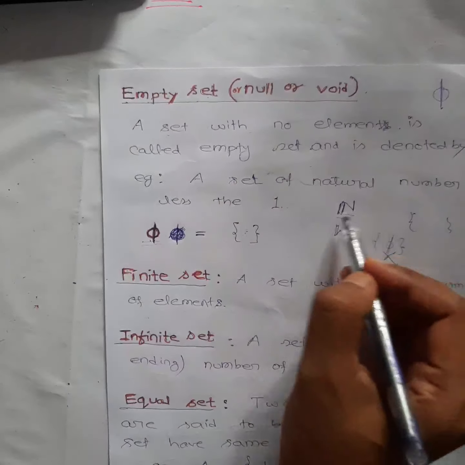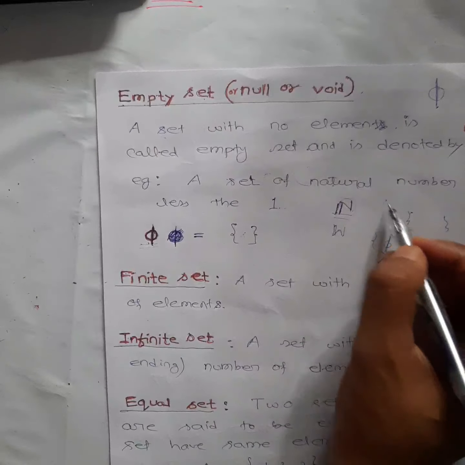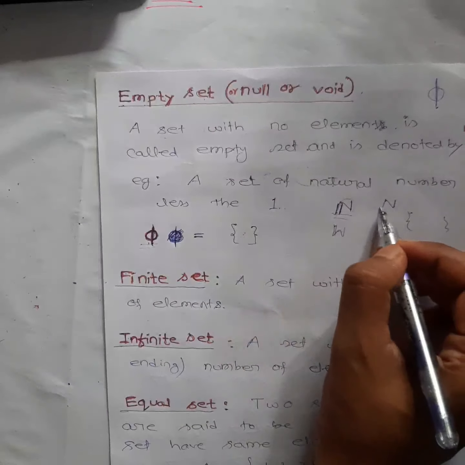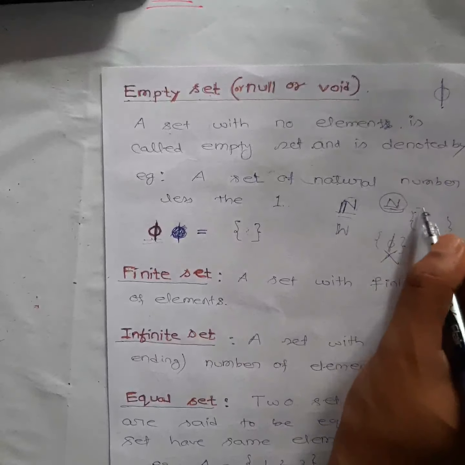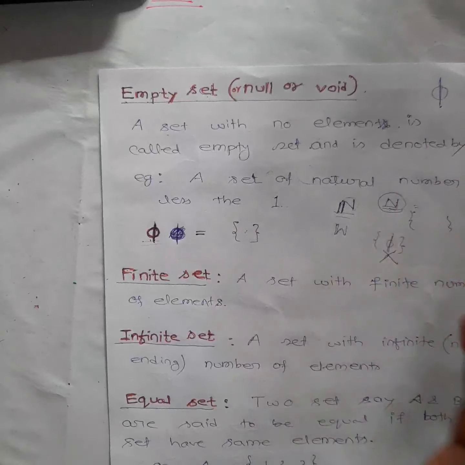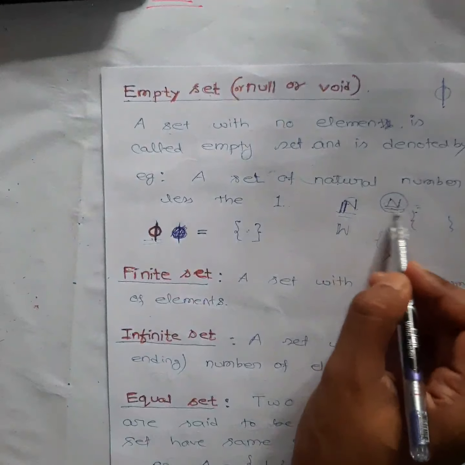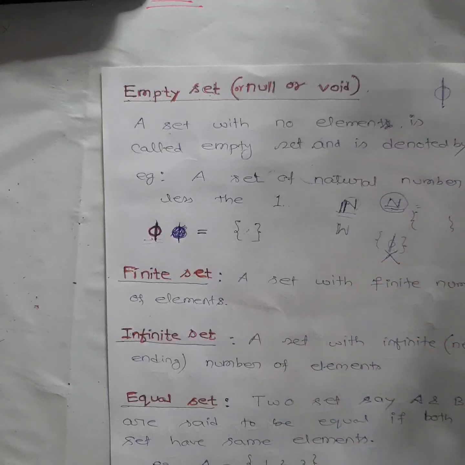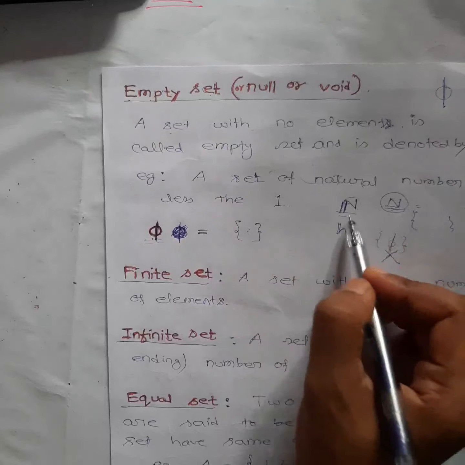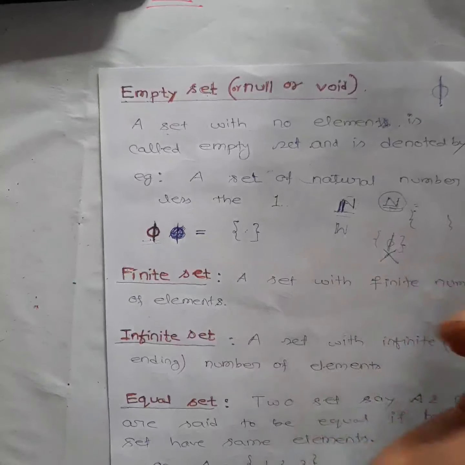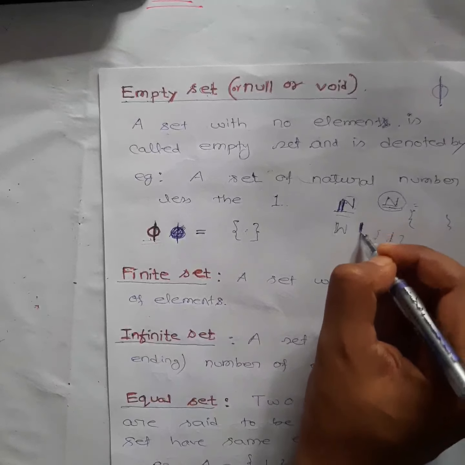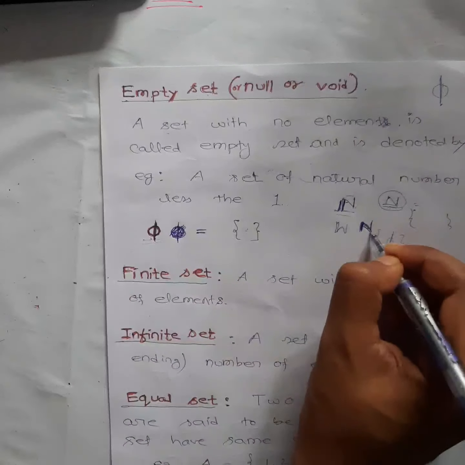Because this is not a normal N. If you write a simple N, we don't understand whether it is the natural numbers or a different kind of set. So to differentiate it from a normal set, we put this kind of N, or you can put a bold N, a dark one, like this.